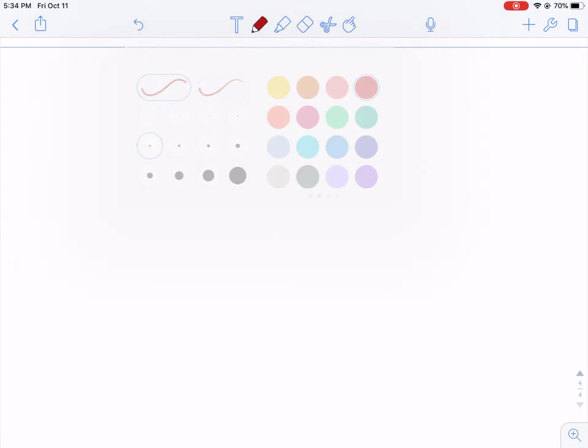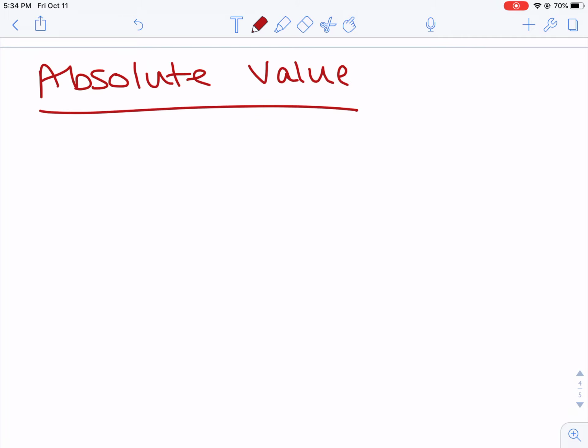All right, so our last thing that we talked about in this section was absolute value equations and how to solve them. If you recall from Algebra 1 or Algebra 2, absolute value is the distance from 0.